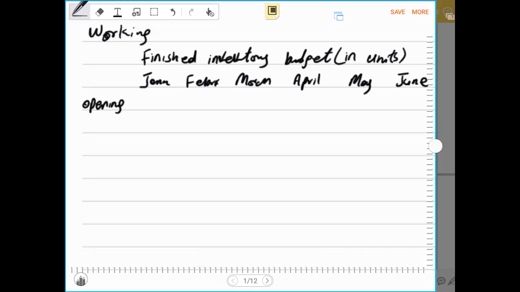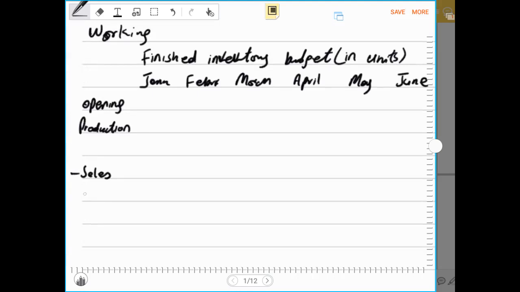Then we will have now the next part after the opening, as you know, that will have production. Then from production we'll have sales, and remember, sales is less sales, which is negative.